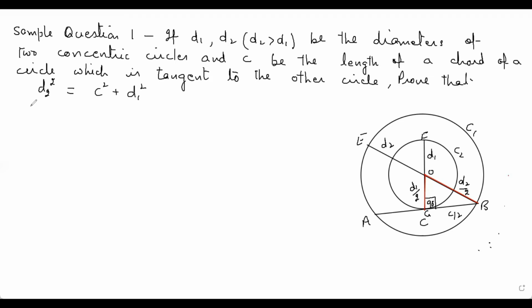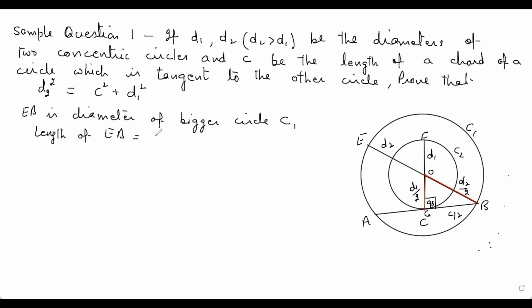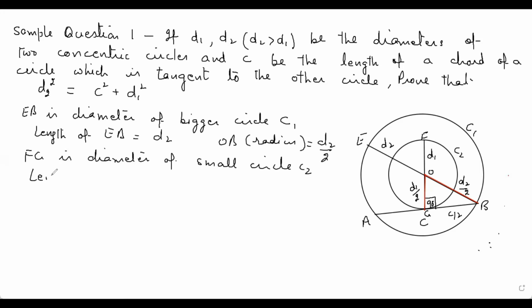Now C1 and C2 are two concentric circles. EB is a diameter of the bigger circle C1. So length of EB is given D2. OB is the radius, that is equal to D2 by 2. Similarly, FG is the diameter of the smaller circle, D1.